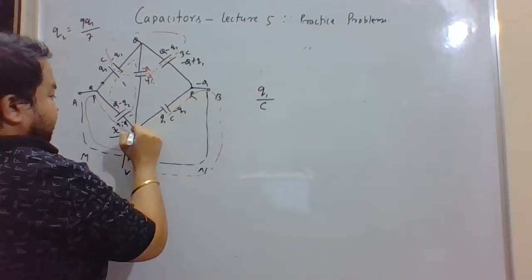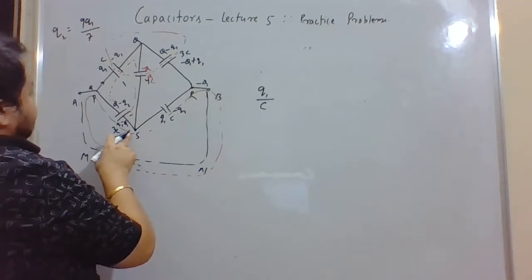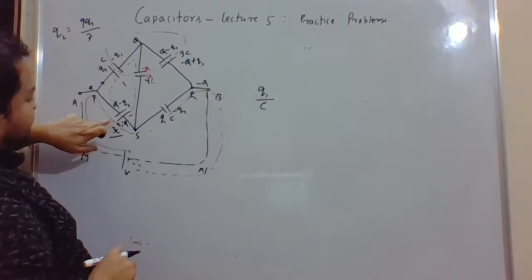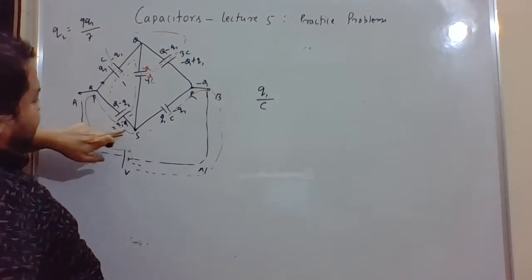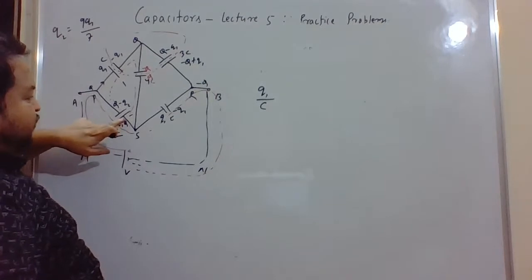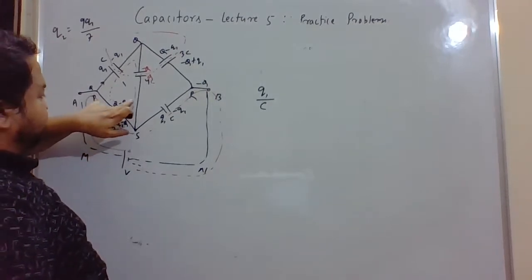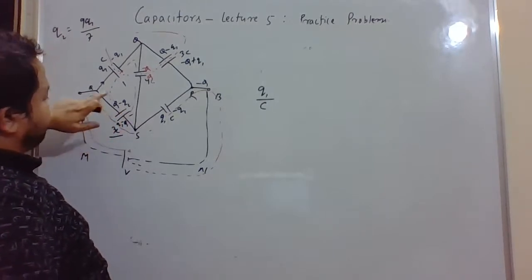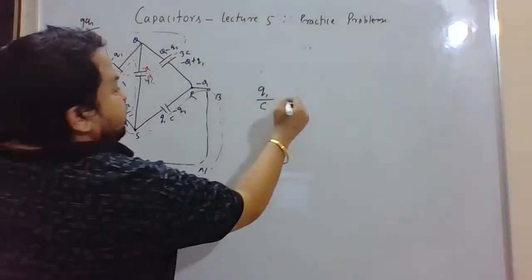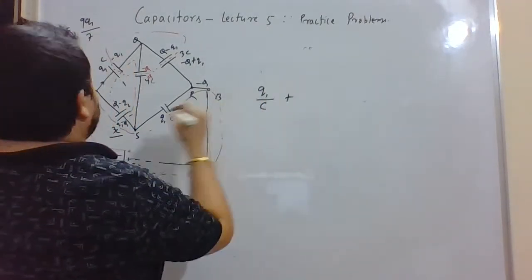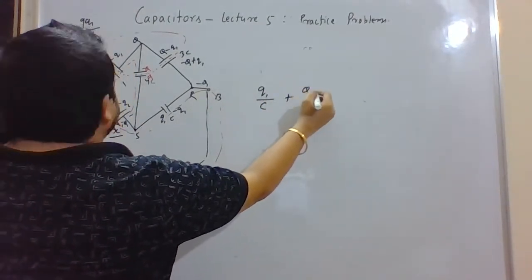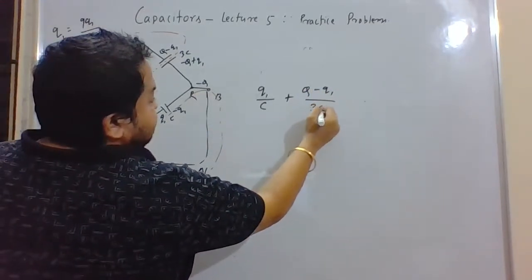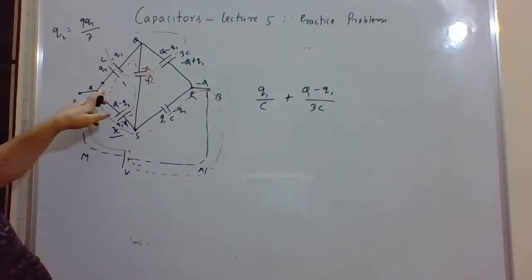I reached point S. From point S, I need to go to point P. Here I'm encountering this 3C capacitor. Initially I have assumed this is the negative plate and this is the positive plate, so going from here to here there's a potential gain. The potential gain is the charge on the positive plate, that is Q minus Q1, by the capacitance, that is 3C. I reached point P.